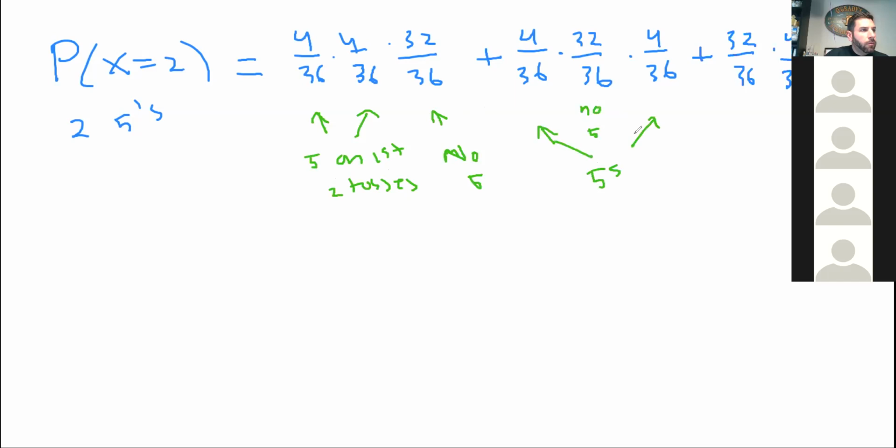No 5. And then here I get no 5. 5s. All right, so we can clean this up because in middle school we learned about exponents, and all 3 of these are the same number. So this is nothing more than 3 times 4 over 36 squared times 32 over 36.